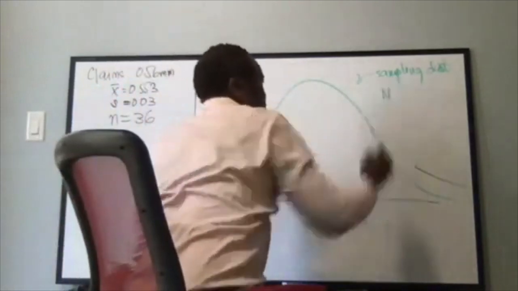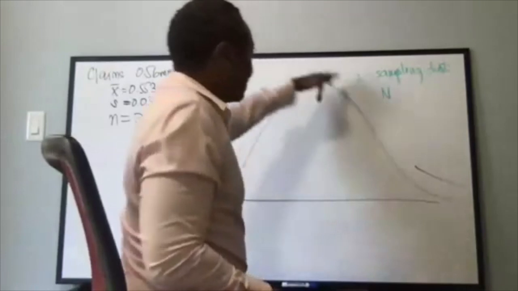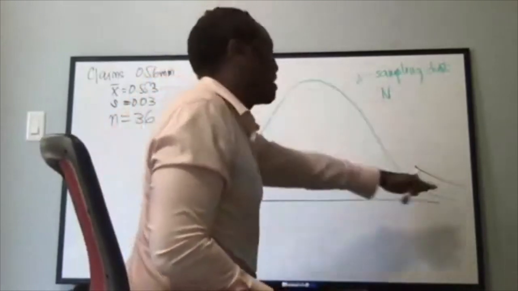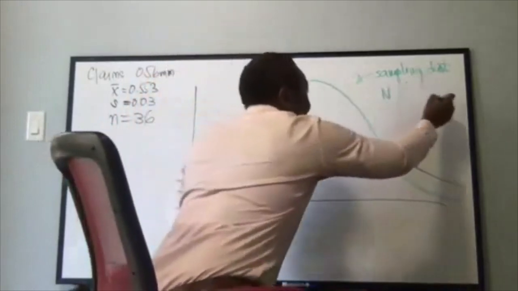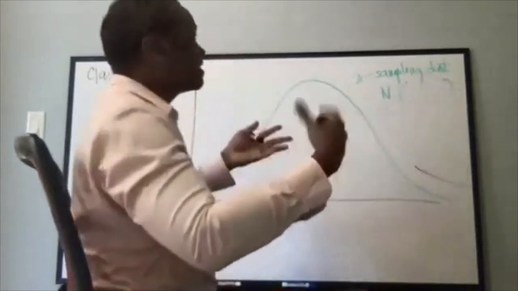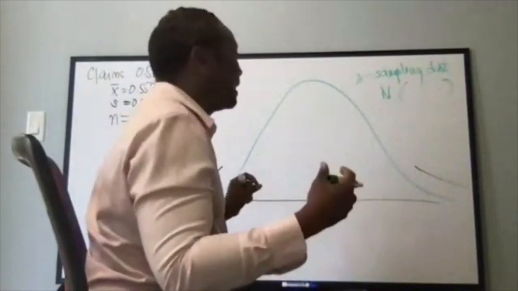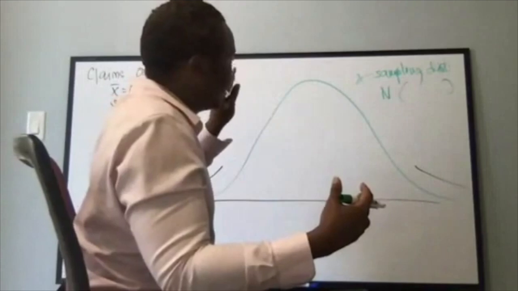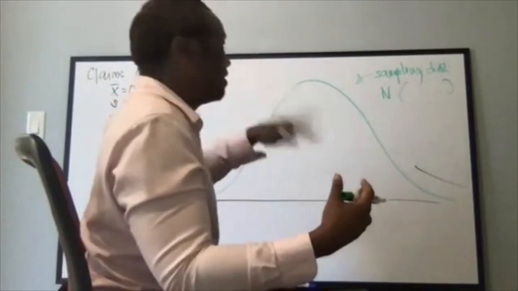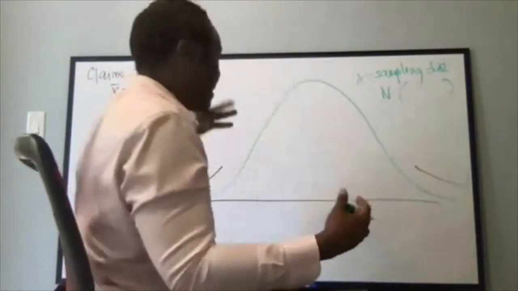So I'm going to write an n right here. The shape of it is bell-shaped. It's always going to come out to be that when we do hypothesis testing. It's normal, and it has two things that we have to look at: the mean of the distribution and the standard deviation of the distribution itself.